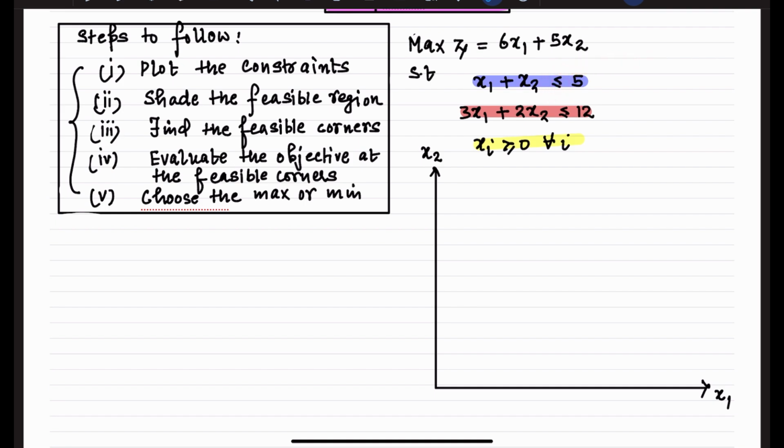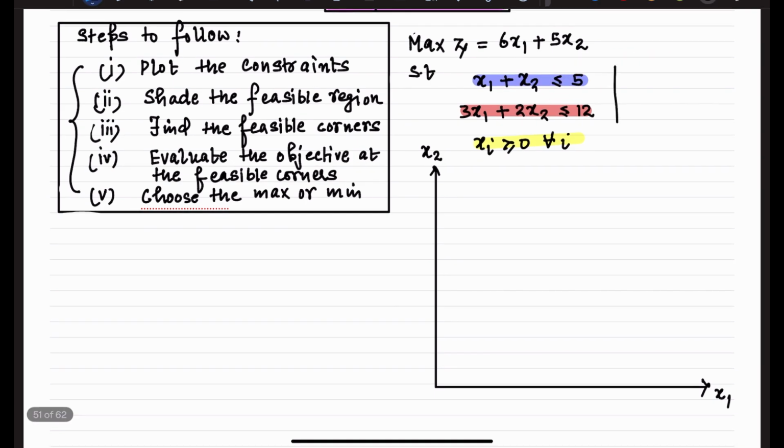That means you plot the line. Instead of the region, plot this as a line. Okay. So the constraints that are given, first you plot them as lines.